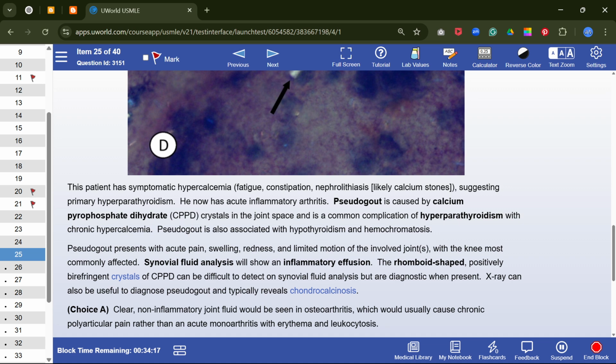Synovial fluid analysis will show an inflammatory effusion. The rhomboid-shaped, positively birefringent CPPD crystals can be difficult to detect on synovial fluid analysis, but are diagnostic when present. X-ray can be useful to diagnose pseudogout and typically reveals chondrocalcinosis.